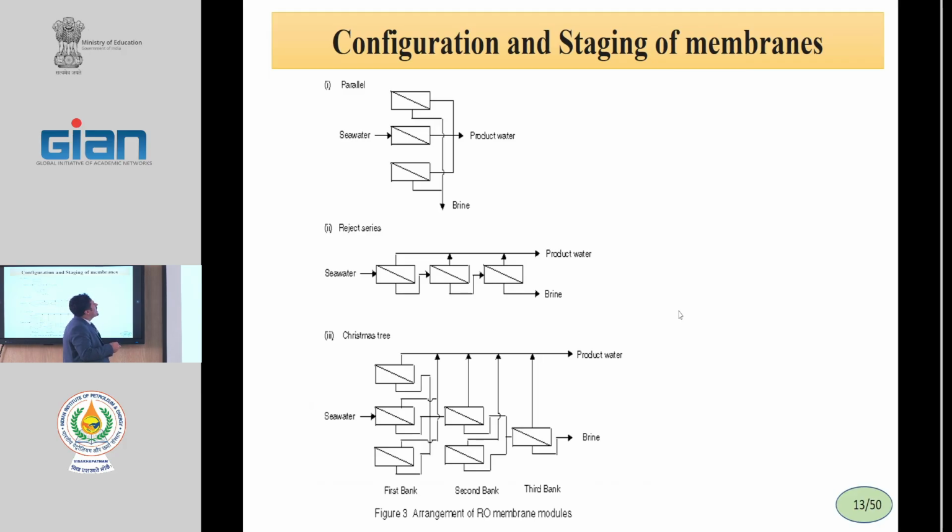In the end, for example, the concentrate of all 3 is mixed together and the produced water is mixed together. And we have one stage. We have different modules, but all have a similar feed and a similar permeate and concentrate. Okay? This is the parallel.